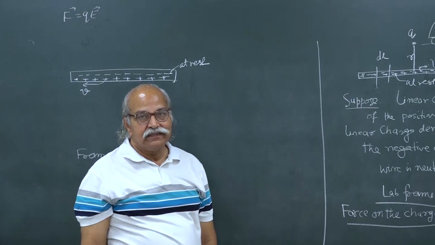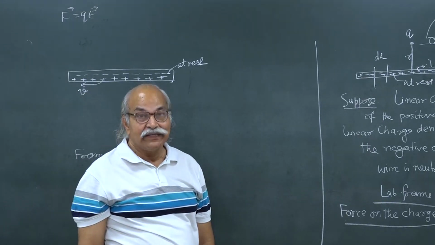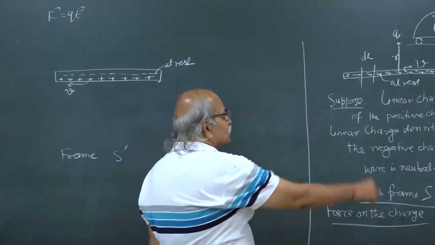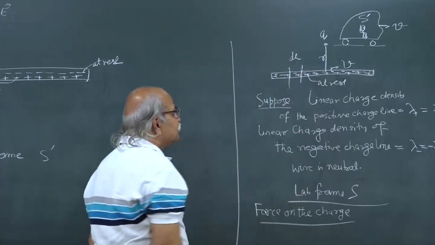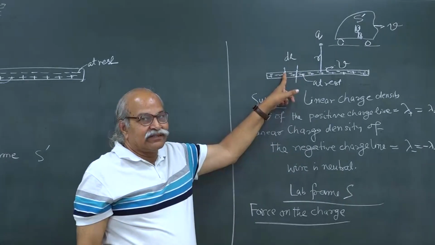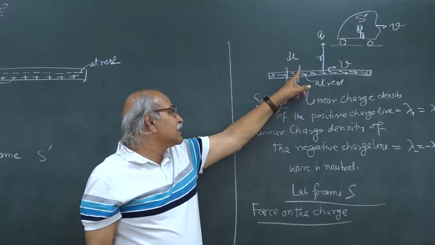Now, consider 2 points on the wire. Suppose you have one point here and one point here. You can put a red line here and a red line here.